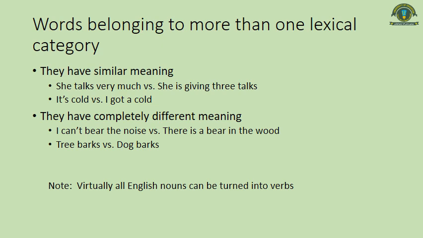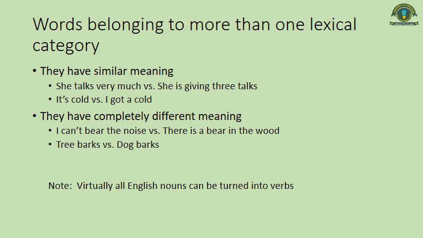Likewise, the second example, it's cold versus I got a cold. So cold here has the similar meaning. But there are some other words that have completely different meanings as well. For example, I can't bear the noise versus there is a bear in the wood.